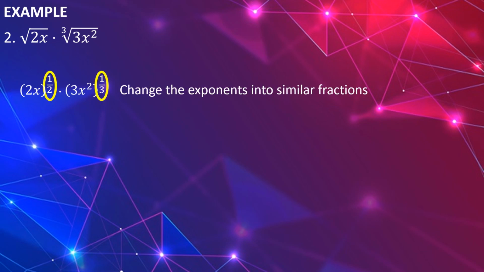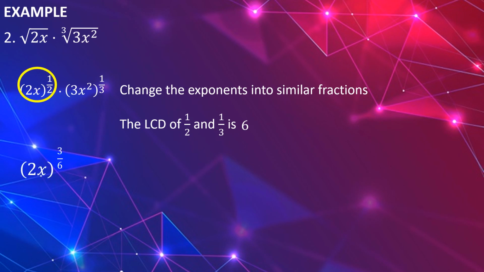We now change the exponents into similar fractions, and the LCD of 1/2 and 1/3 is 6. The exponent of 2x will now become 3 over 6, and for the exponent of 3x squared, it will now become 2 over 6.